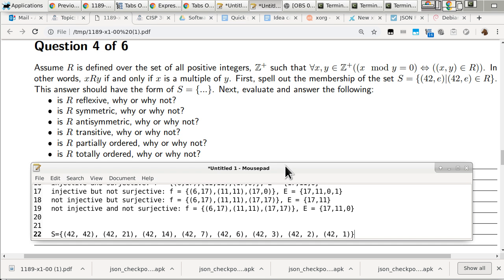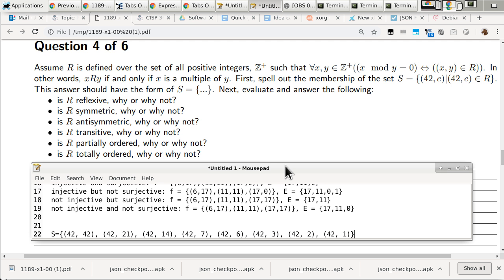Is that okay? So now we have to say, is R reflexive? Why and why not? First of all, you might want to mention what it means to be reflexive in order to say that it is not reflexive. So is R itself reflexive?